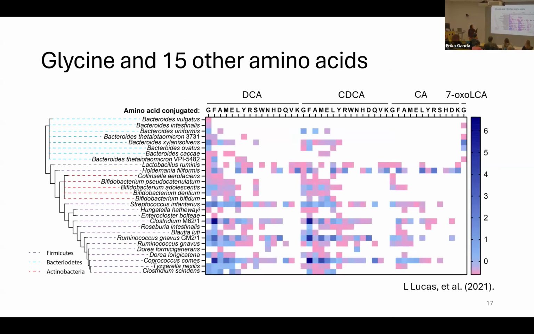And this heat map is based on relative abundance of these bile acids because they're not commercially available, so we couldn't buy them. But we did see that bacteria in the Firmicutes, Bacteroidetes, and Actinobacteria were the bacteria capable of producing these microbially conjugated bile acids.